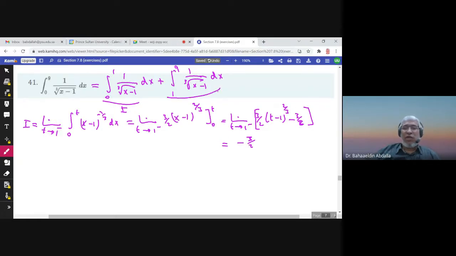So let us find the second integral. The second integral is the limit when t approaches 1 now from the right of the integral from t to 9, and let us write it the same, x minus 1 to the power negative 1 over 3 dx.